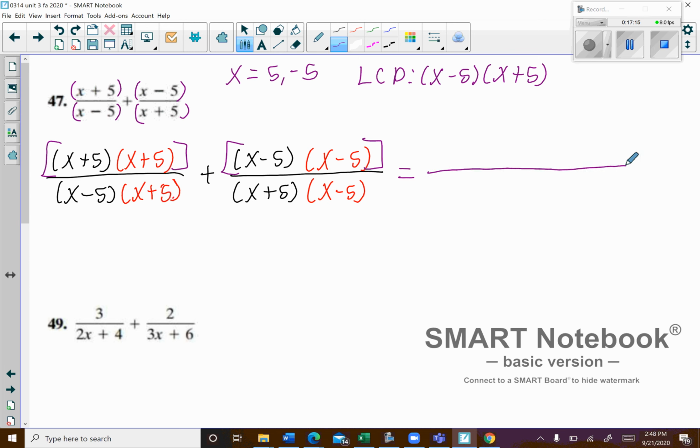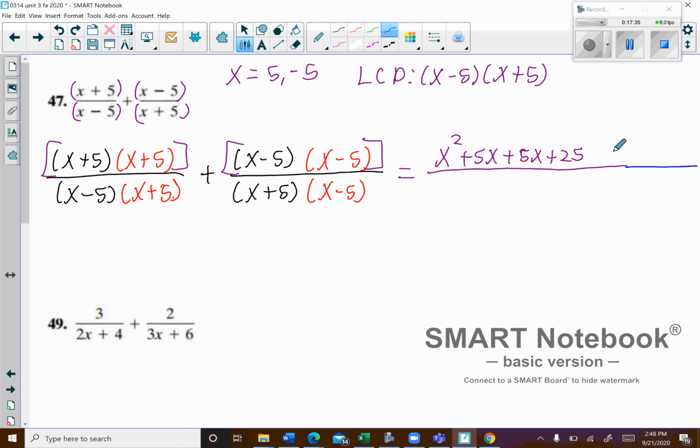I'm going to need a little bit of room here. When I FOIL the first one, I'll get an x squared plus 5x plus another 5x, and then 25. We'll do the other one in a different color.